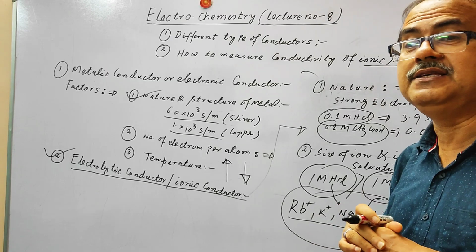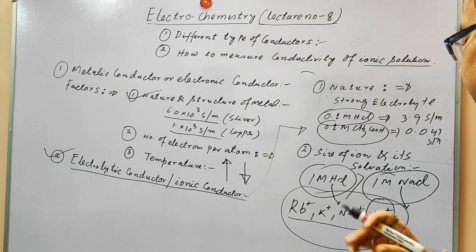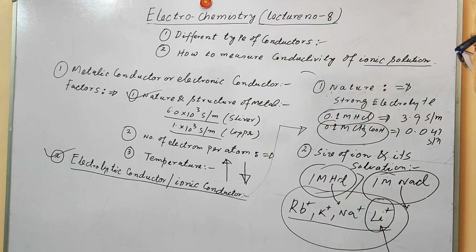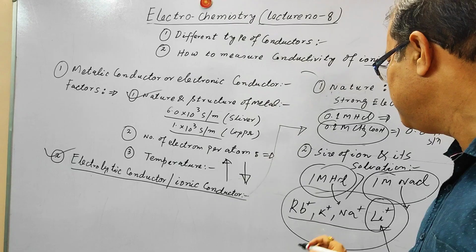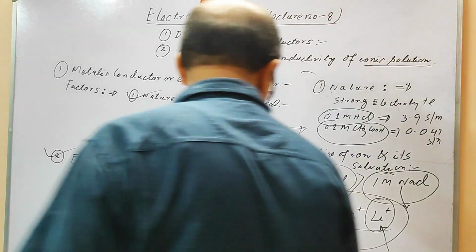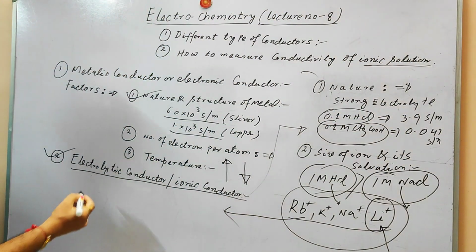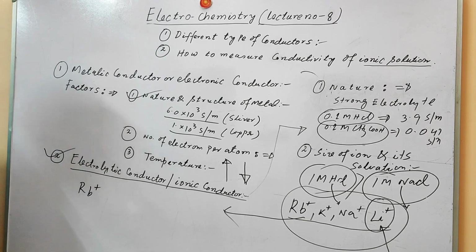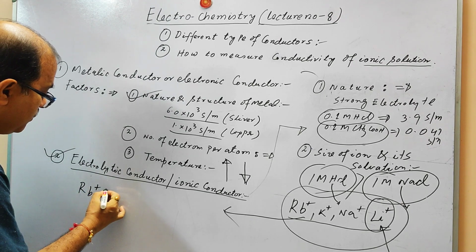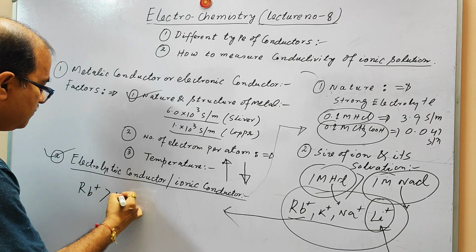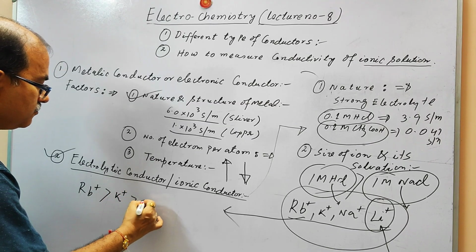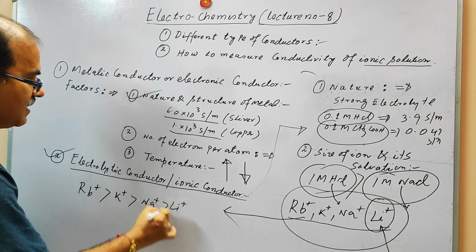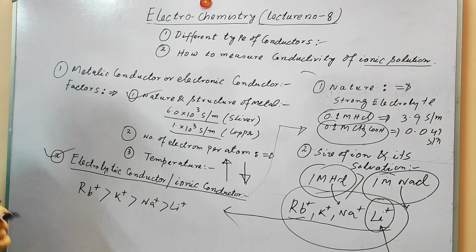But practically this does not happen. Practically it is totally reverse, and this is due to the solvation. Rb plus in the aqueous solution will have the higher conductivity, then K plus, then Na plus, then Li plus, in spite of the fact that lithium has the lowest size.